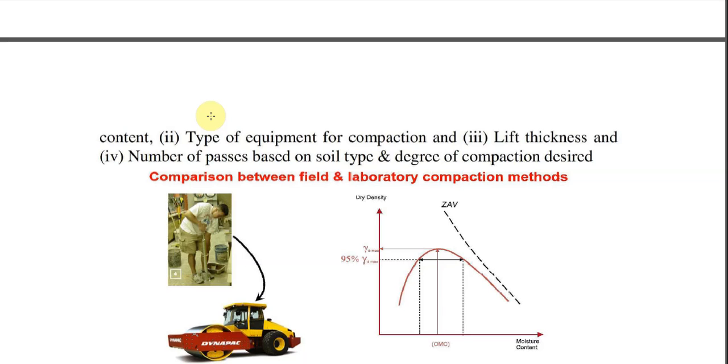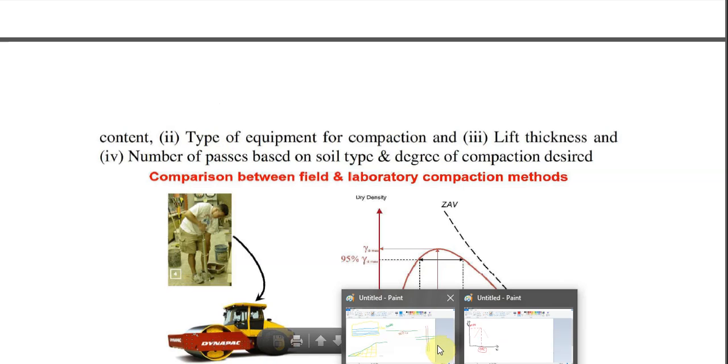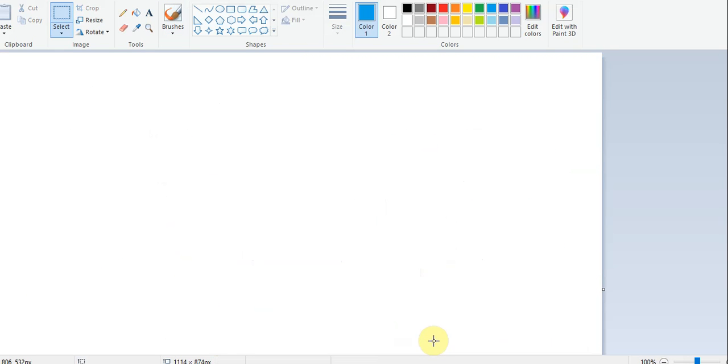Number of passes meaning, this is my soil that is to be compacted, and this is my roller.